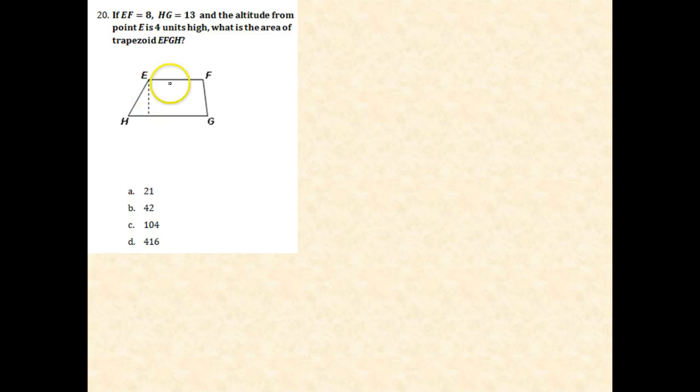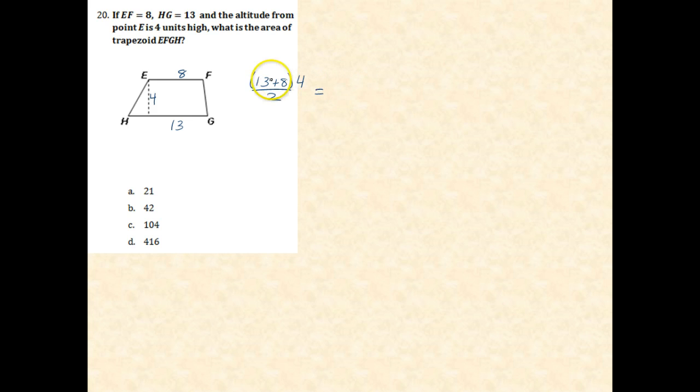If EF is 8, HG is 13, and the altitude from point E is 4 units high, what is the area of this trapezoid? Well, the area of a trapezoid is the average of the bases, which is the median, times the height. So median times the height. The median is going to be 13 plus 8 over 2 times the height, which is 4.